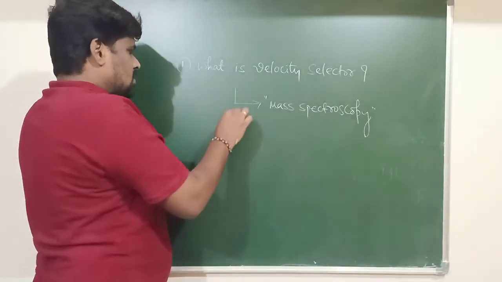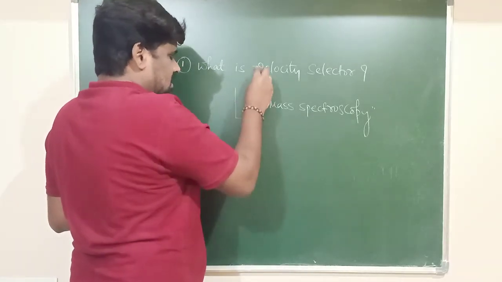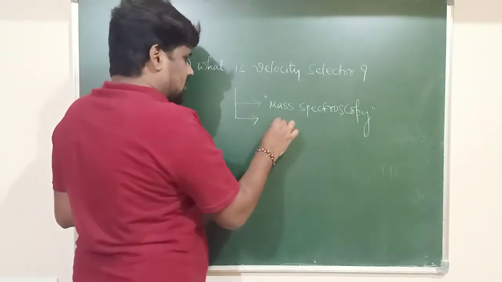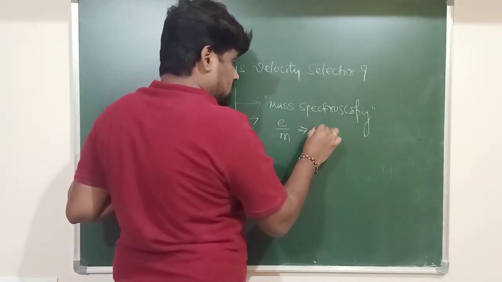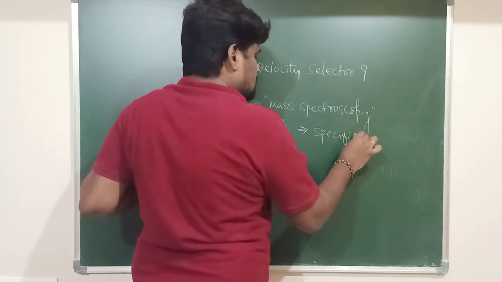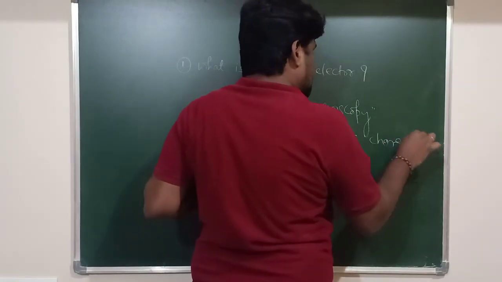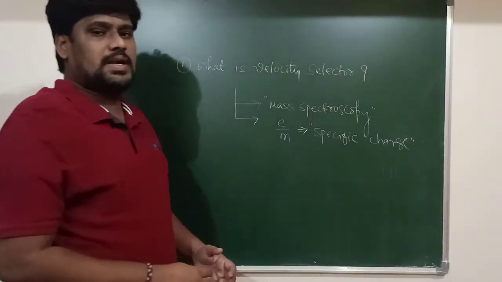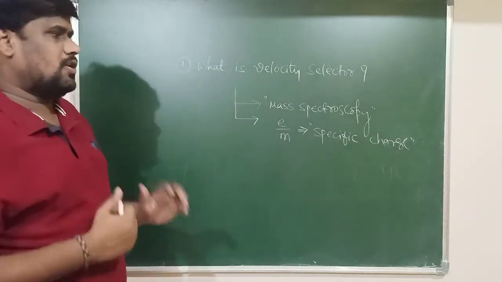The second important application of velocity selector is that it is used to determine e by m, which is also called specific charge. In the determination of specific charge of charged particles, we make use of the velocity selector.